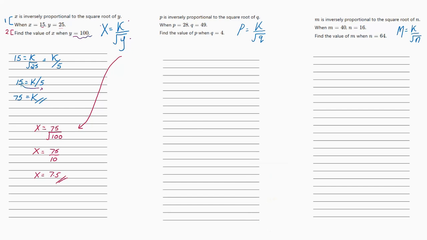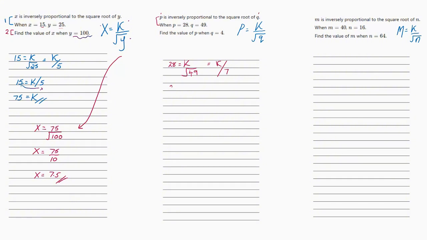Next one, p is inversely proportional to the square root of q. So step 1, let's work with these numbers. P is 28 equals k divided by the square root of 49, which equals k over 7, because the square root of 49 is 7.